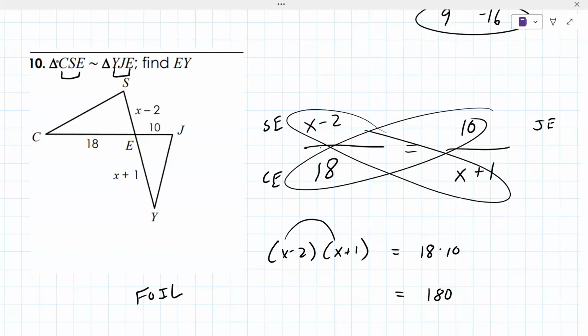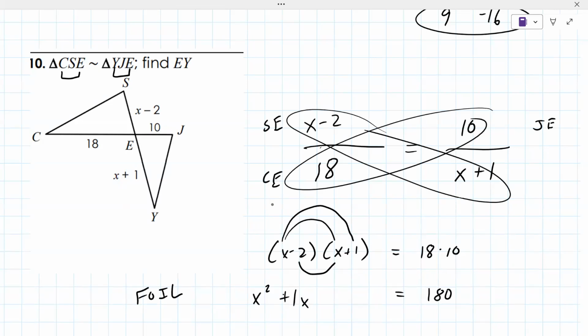X times x, what does that become? That would be x squared. Then you do x times 1, positive 1. What does that become? That would be 1x.